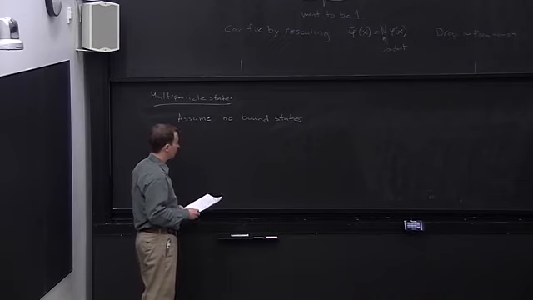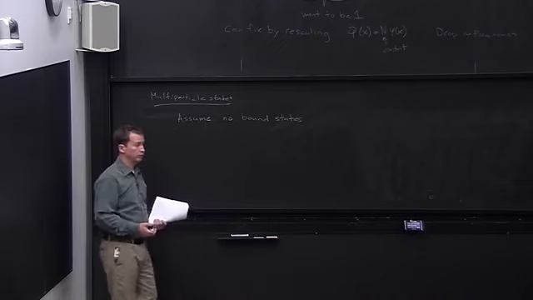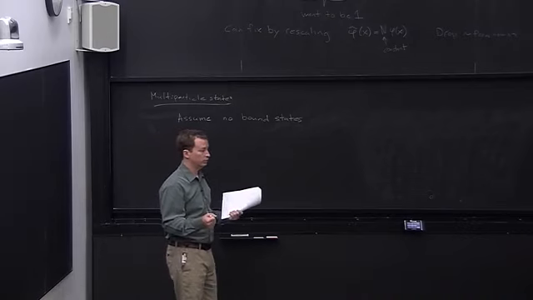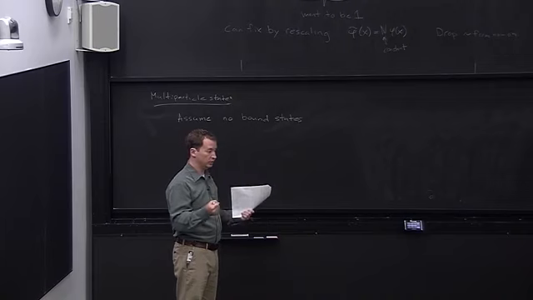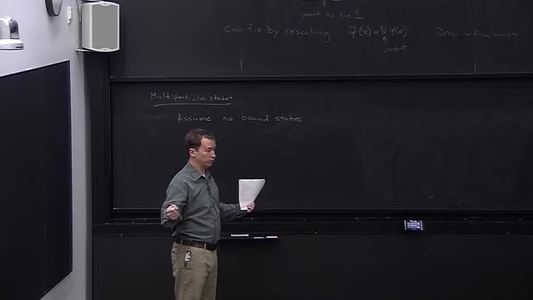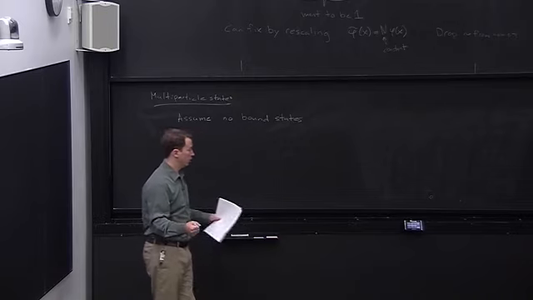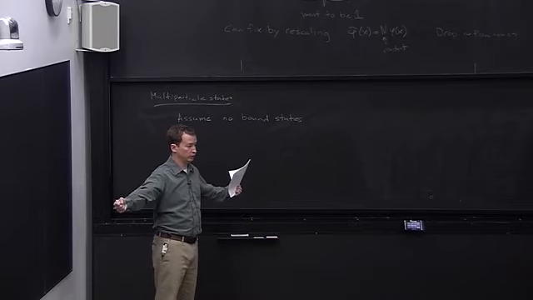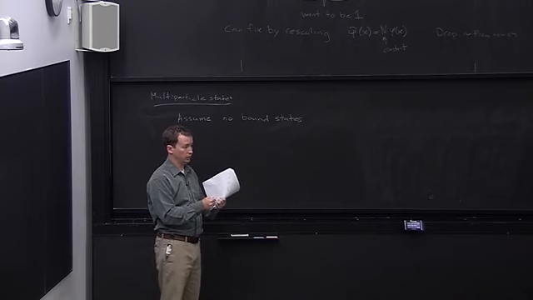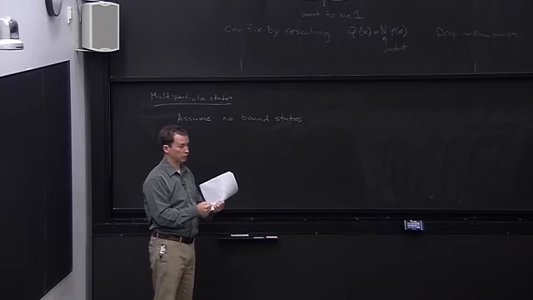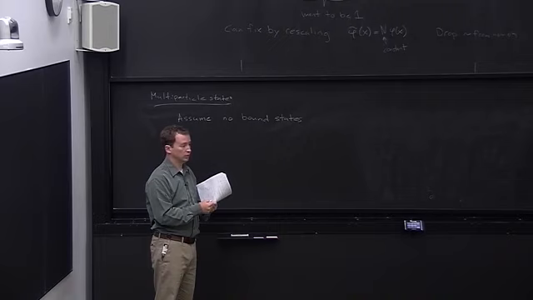Sorry, so what's the bound state? So a bound state would be, for instance, if we have, say, an electron and a positron, assume they're at rest relative to each other and extremely far away, then the energy of that state would just be the sum of the masses of the two particles. But if we bring them together, there's an interaction between them that reduces the energy.